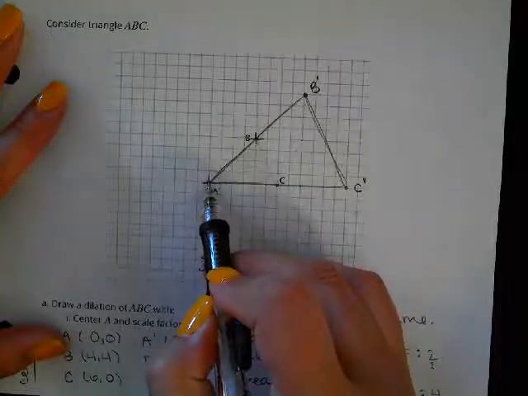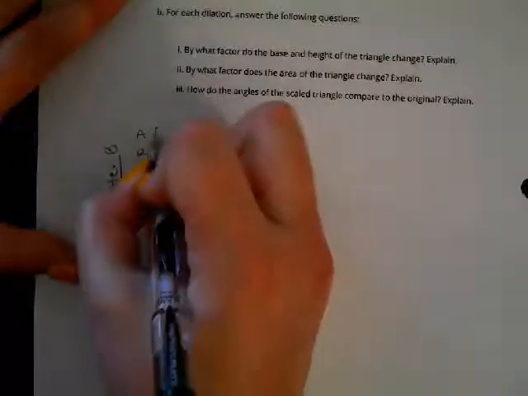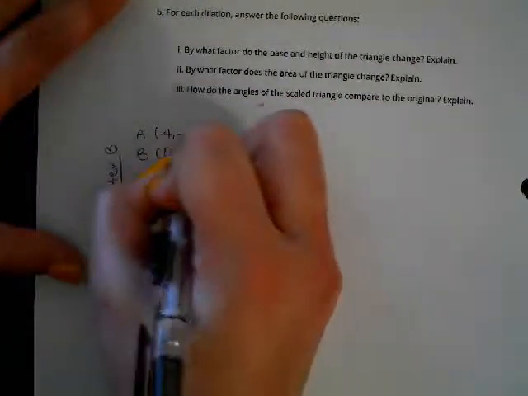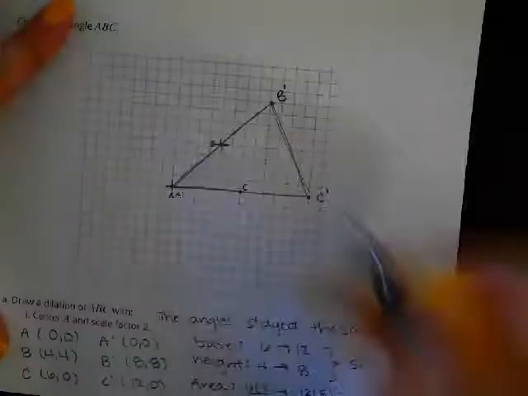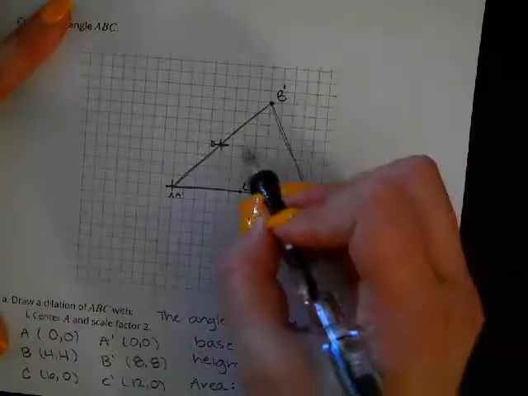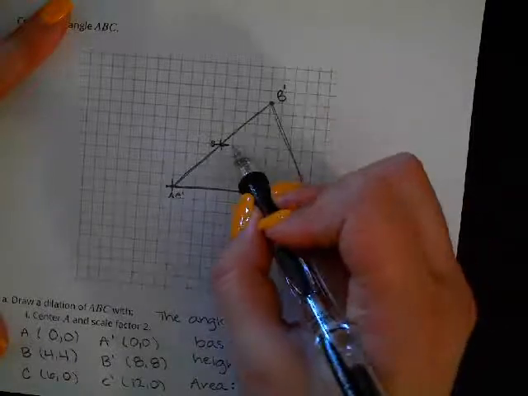And if B is 0, 0, then C is 1, 2, 1, 2, 3, 4. Then C is right 2, down 4. You see that? C is right 2, down 4.